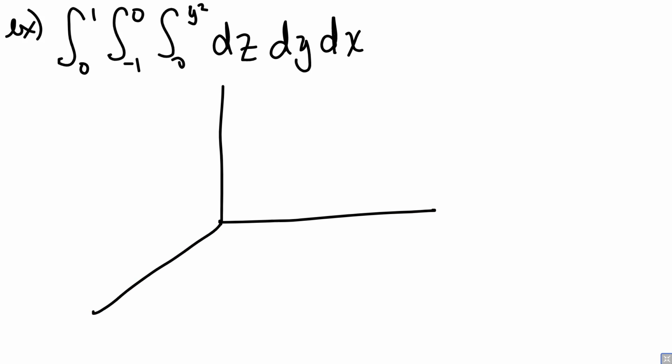Okay, so here is our x, here's y, here's z. Now we're told that x is bounded between 0 and 1, so starting off with 0, let's say this is 1.